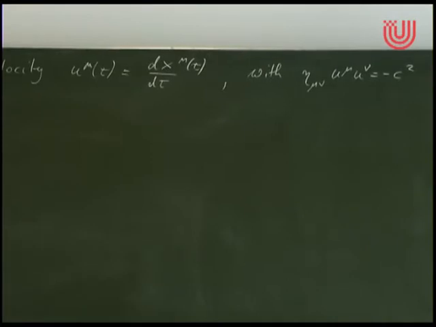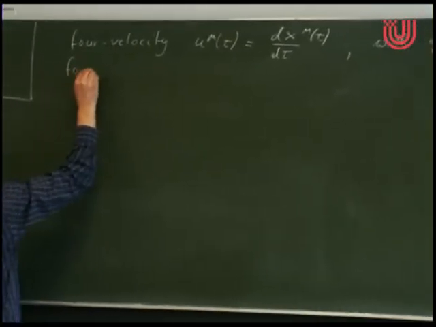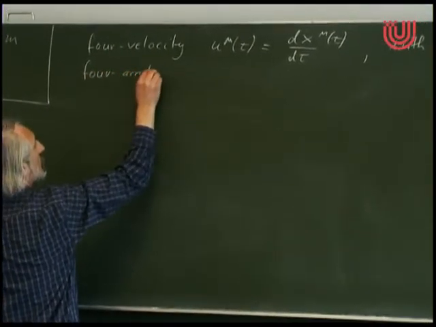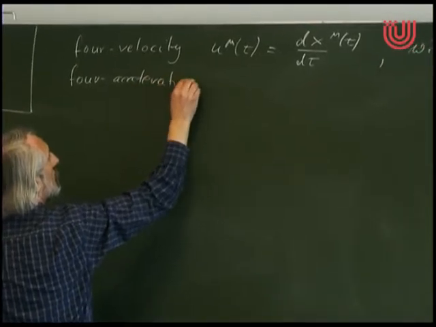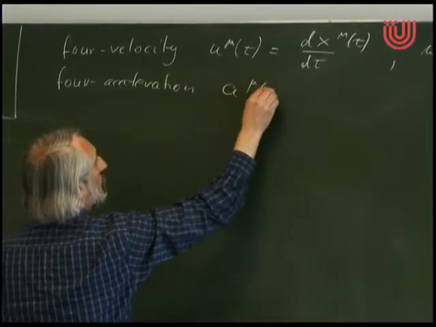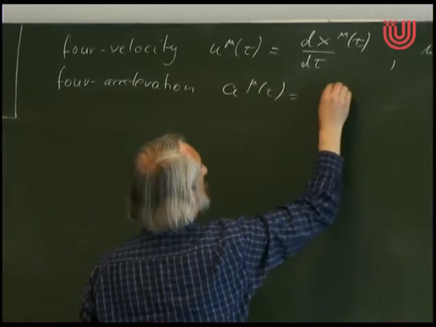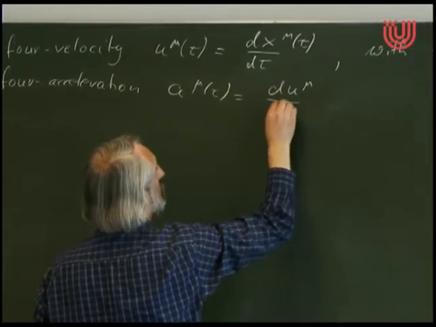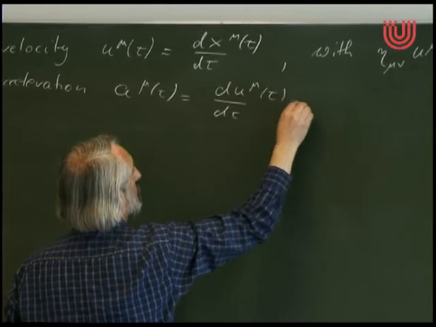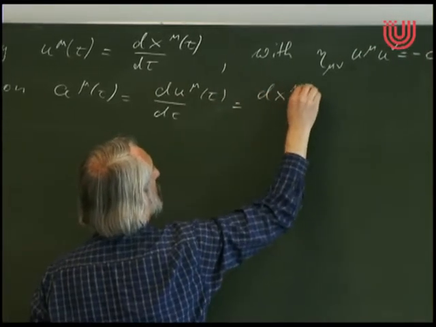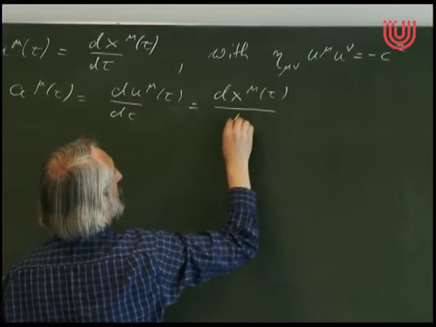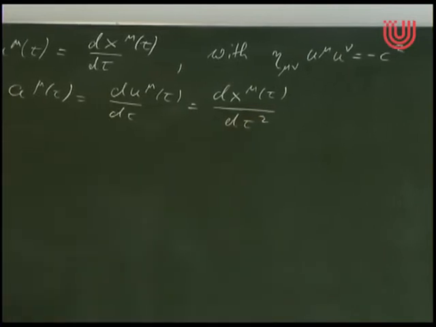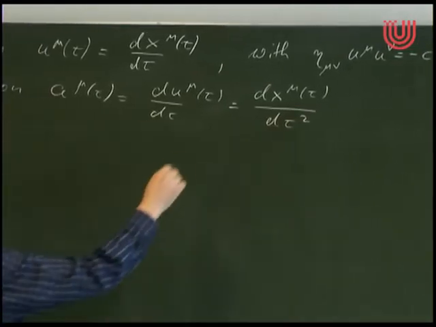And then we have the forward acceleration, which is usually denoted a mu, which is a derivative of u mu with respect to tau. So that's the second derivative with respect to tau of x mu, second derivative.